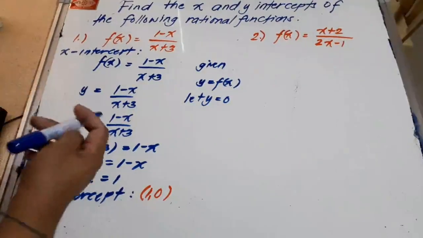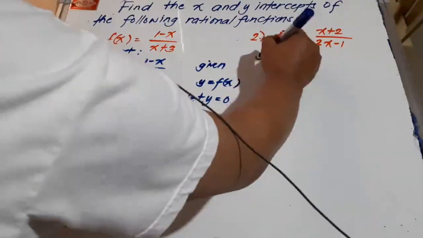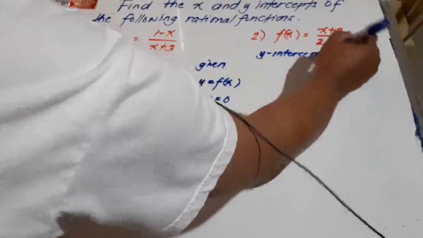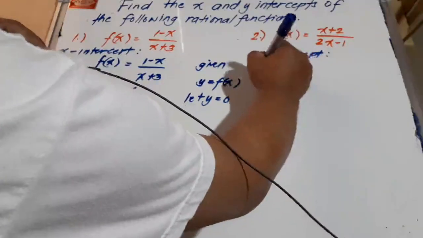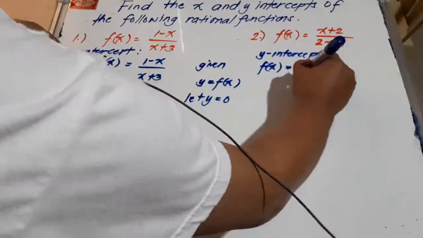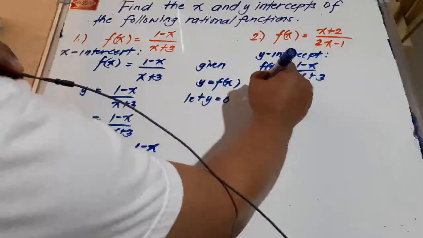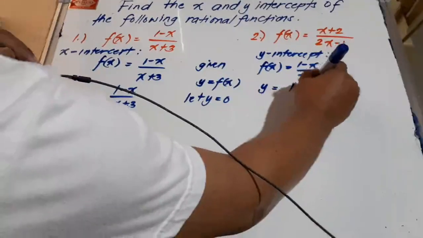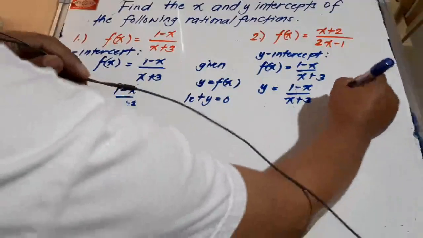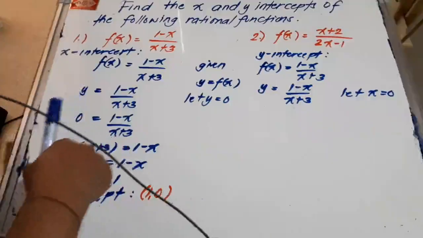The next is kunin naman natin yung y-intercept. So for the y-intercept, again, from the original function, we have 1 minus x over x plus 3. Again, we substitute y to f of x. And then we let x equal 0 to solve for the y-intercept.